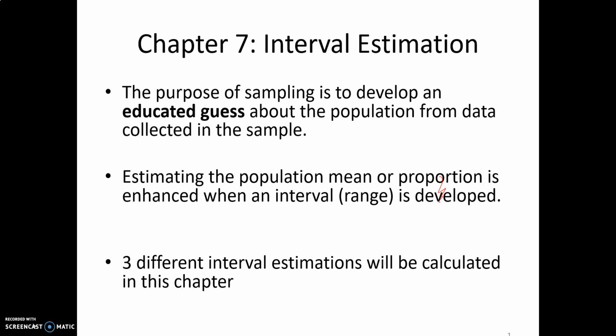An interval or range, you've probably seen this a few times, where, for example, results from a poll or survey will show that 55% of the population will vote for candidate A, 55% plus or minus 5%. So that 5% is part of that estimated or educated guess. It's that interval.